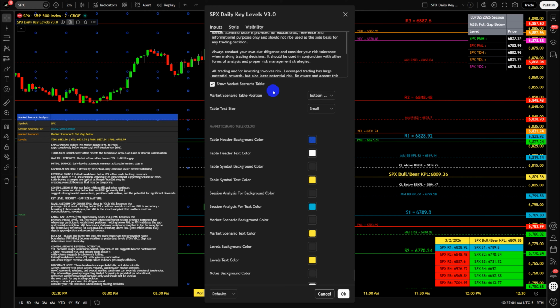So if you don't want to have this particular scenario analysis table on your chart and you prefer just to view the PDF cheat sheets, either by printing them out and studying them offline, or if you have a second monitor or screen that you just want to display that on, that's another way that you can do that instead of having the market scenario analysis table on.